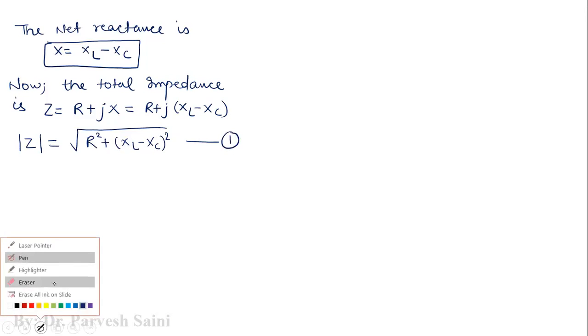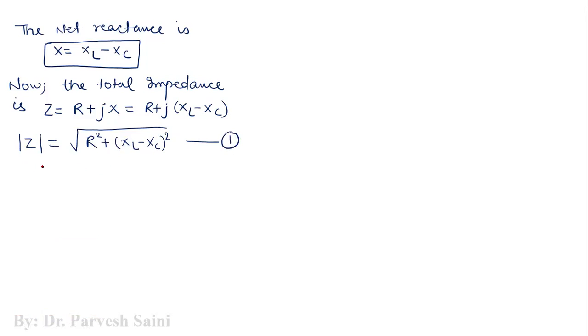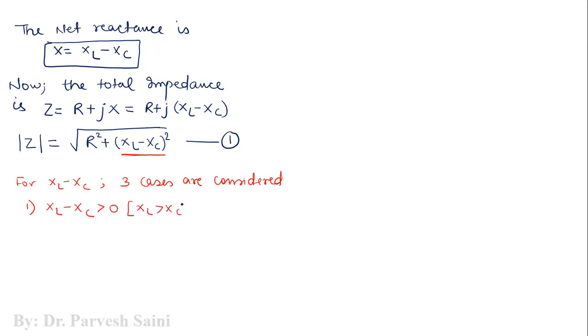So there may be 3 cases in this for the net reactance. If we take the net reactance XL minus XC, 3 cases are considered. The first case is XL minus XC is greater than 0, means XL is greater than XC.